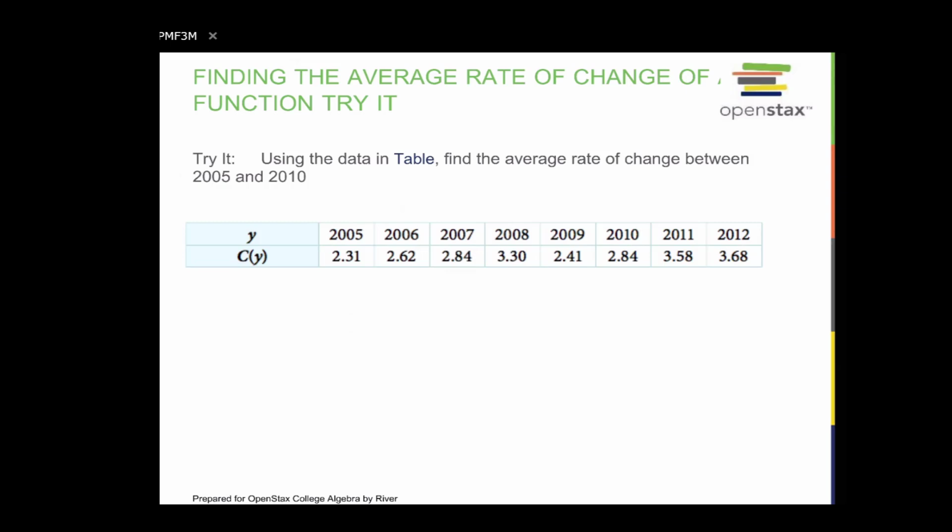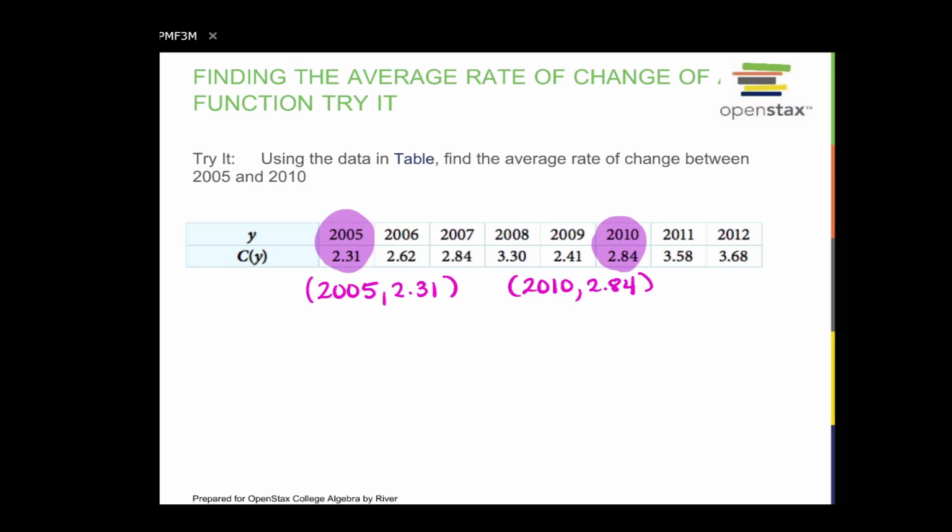Okay, so let's first find our points. We've got 2005, which is 2.31, and 2010, which is 2.84. So we have the point (2005, 2.31) and the point (2010, 2.84).